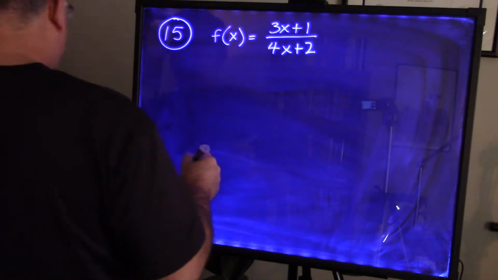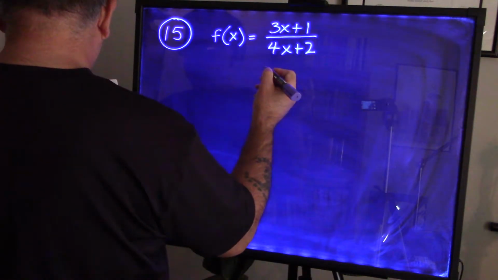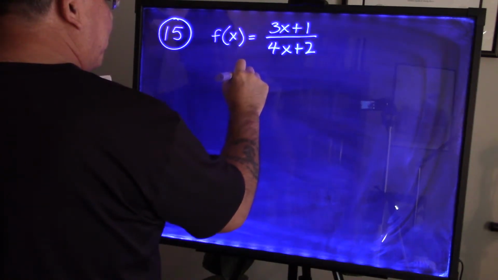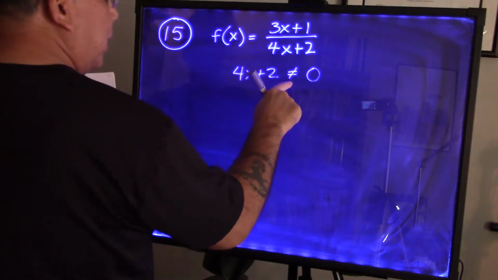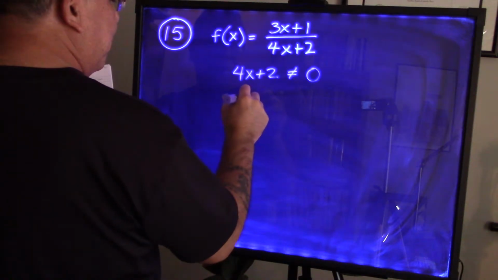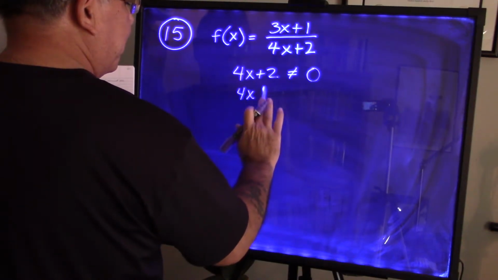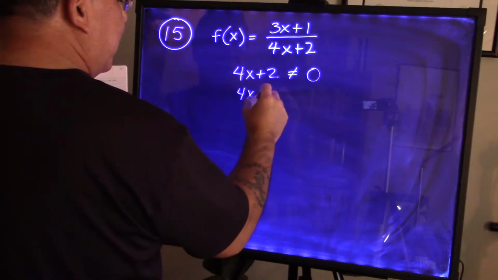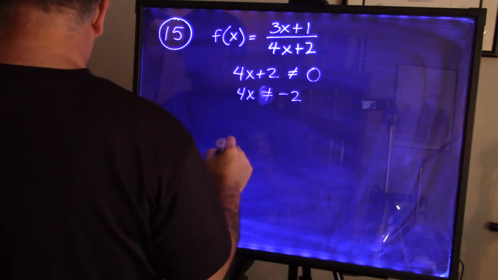So what we do is we set the denominator, you could set it equal to 0, or you could do it like this if you wish. It cannot equal 0, so I put the does not equal sign. And then I solve this for x. Let me subtract 2 from both sides, or move this to the other side. Divide both sides by 4.